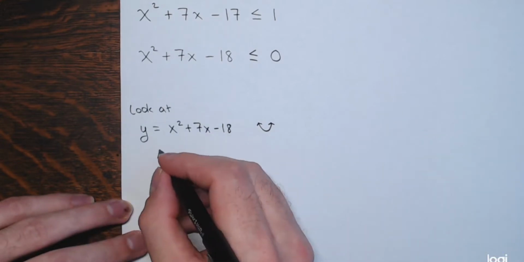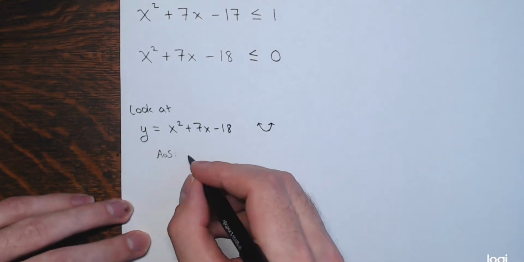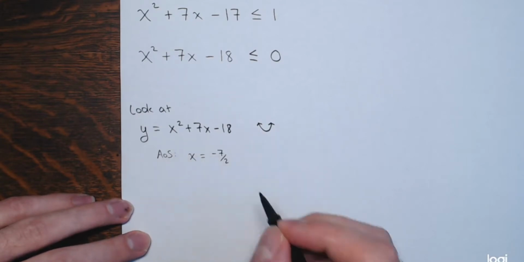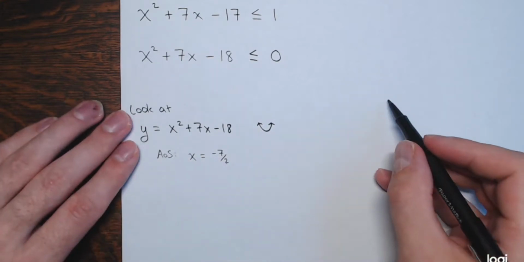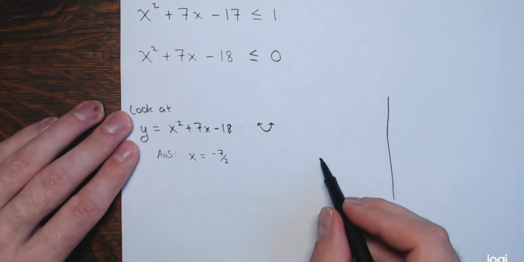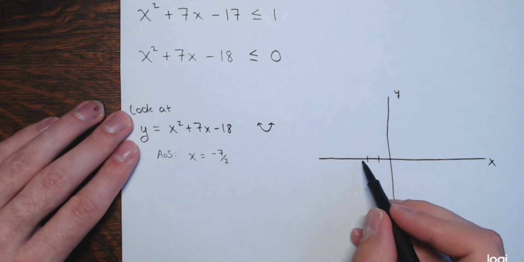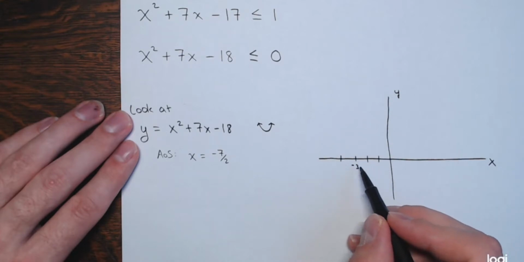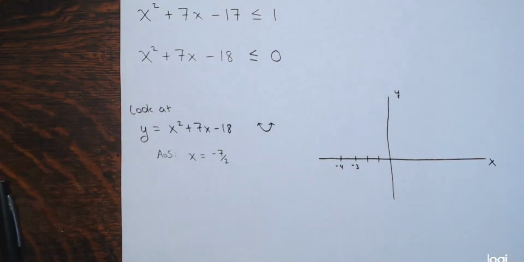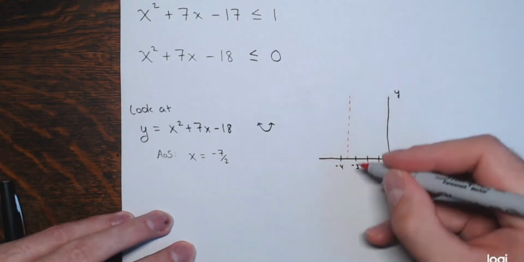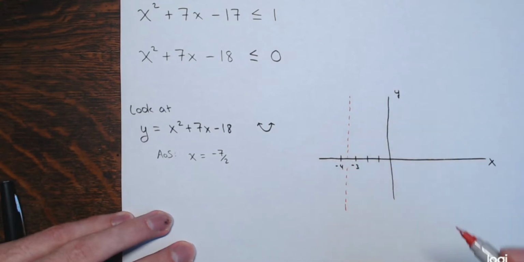The axis of symmetry is x equals negative 7/2, or negative 3.5. I'll mark that in a little graph over here. Negative 3, negative 4, and then negative 7/2. Like that, there's the axis of symmetry.